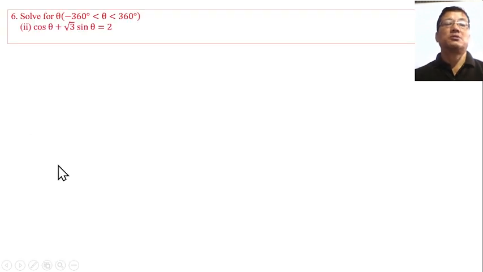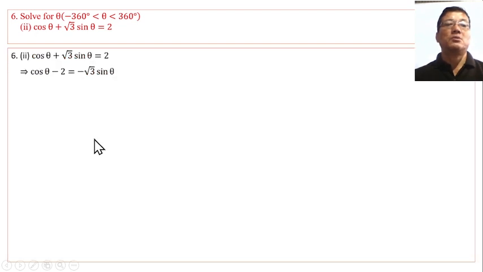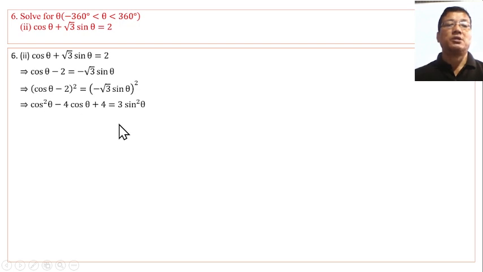Cos theta plus root 3 sin theta equal to 2. Trigonometric ratio, when height in angle, cos theta minus 2 value proportion. Solve this: squaring both sides, we get sin square, sin square plus cos, then the quadratic equation in cos theta.